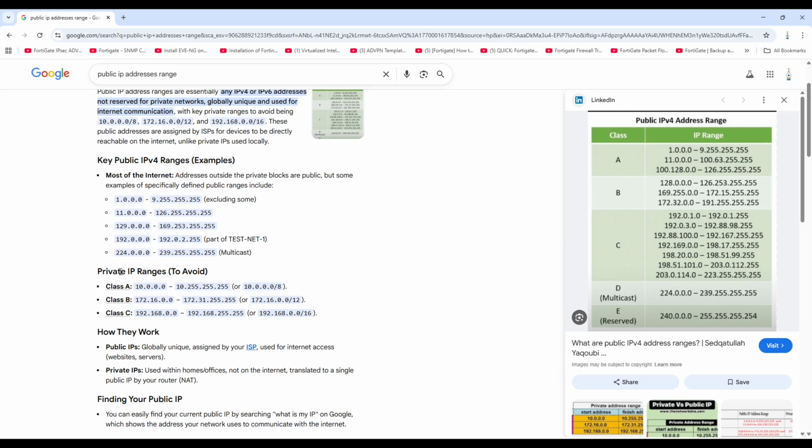The private IP ranges are majorly class A, class B, class C. The private IP ranges are private, not advertised over the internet. The public IP is globally unique, assigned by the ISP, used for internet access, right? And the private IP is used within home and offices, not on the internet, translated to a single IP by the router to access the internet. I hope you understand so far.